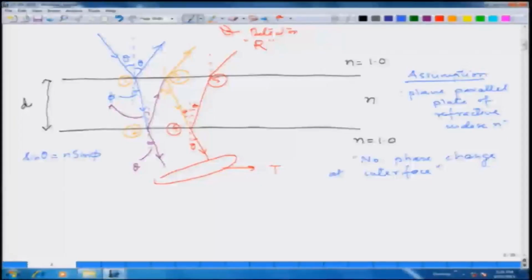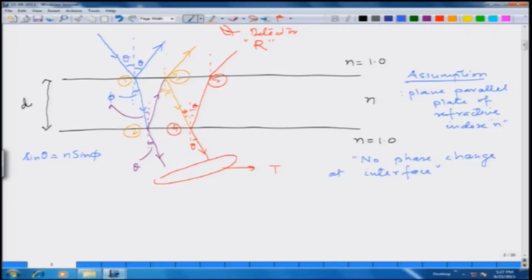So, let us first, before proceeding further, look at when I am trying to see the total reflectance because of this thin film and total transmission, I am going to add up the intensities or the electric field vector of all these reflected rays, and I am using a single ray picture.